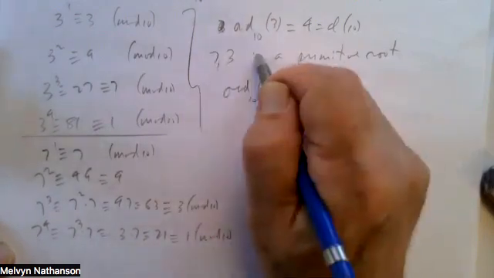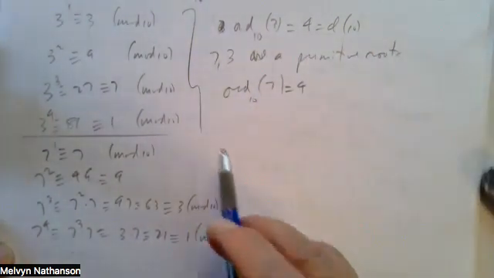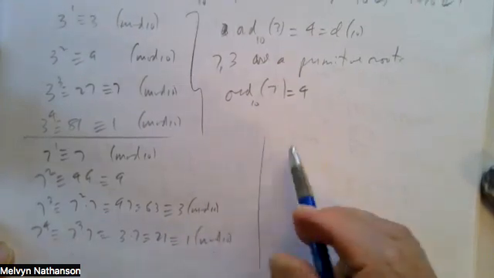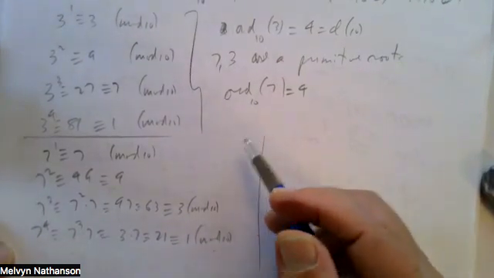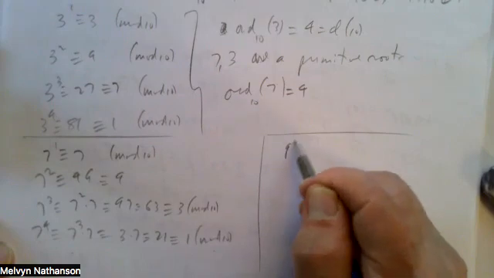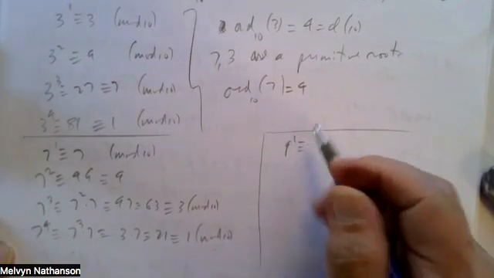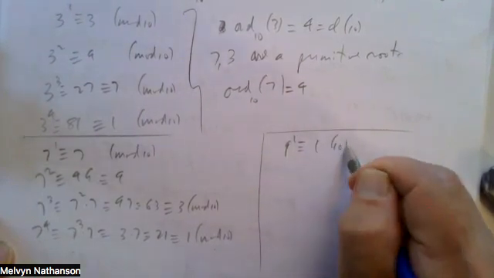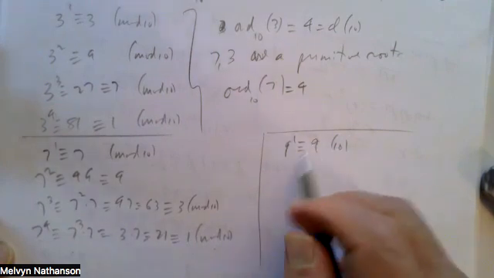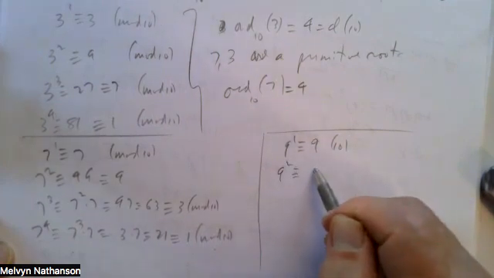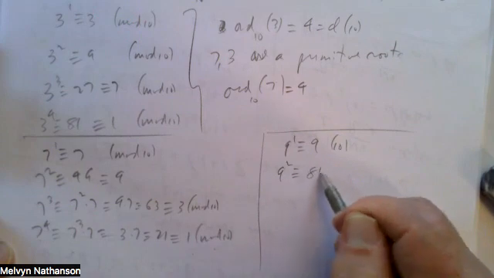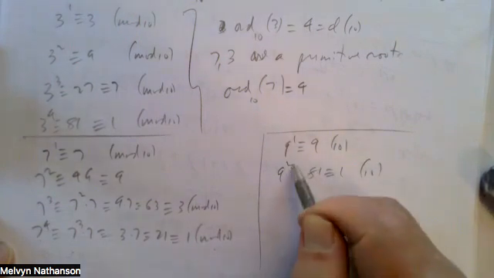So 7 and 3 are primitive roots mod 10. What's the last class to consider? 9. 9 to the 1st power is congruent to 9 mod 10. 9 squared is 81, congruent to 1 mod 10.